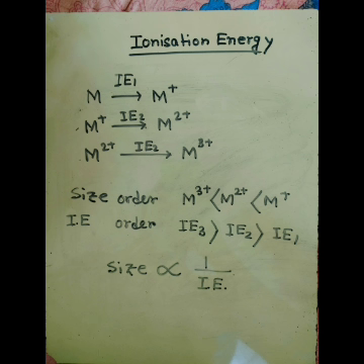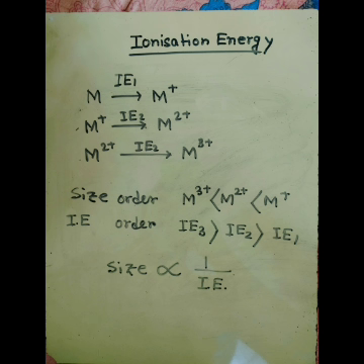The size order of these cations is that M3+ is smaller than M2+, and M2+ is smaller than M+, because if the oxidation number of the atom increases, then the size of the atom reduces.